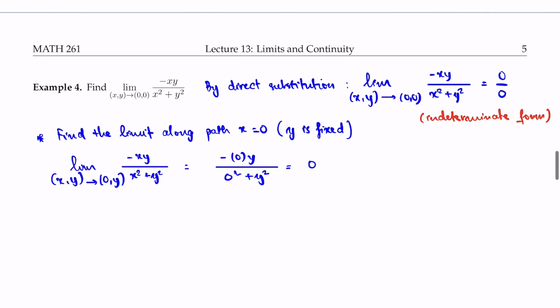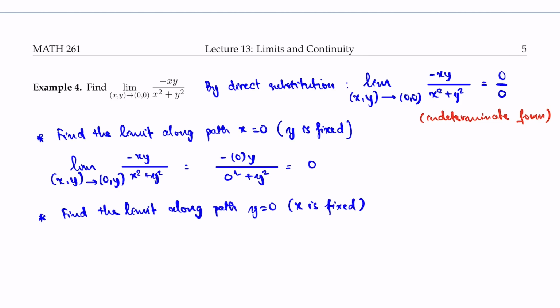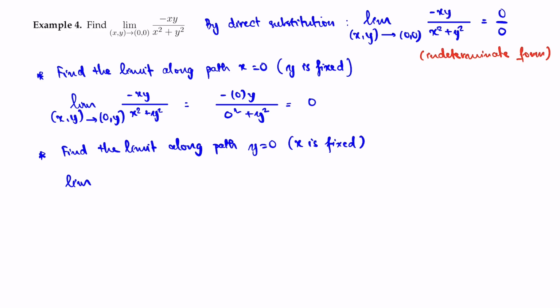Now you do the same calculation, but along the path y equal to 0. In this case, x is fixed. So the limit of the function negative xy over x squared plus y squared as (x, y) approaches the point (x, 0).